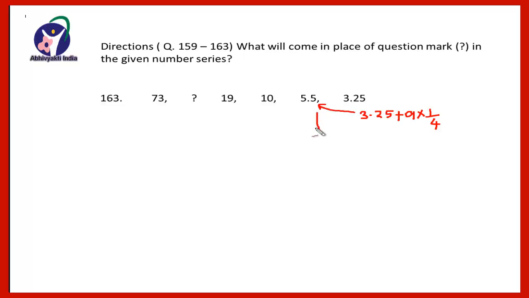Now for this 5.5 plus 9 multiplied by half, it means here 1 by 4th we have multiplied by 2, so 2 ones are 2, 2 twos are 4, it will become 1 half, and if you solve this you get it as 10.